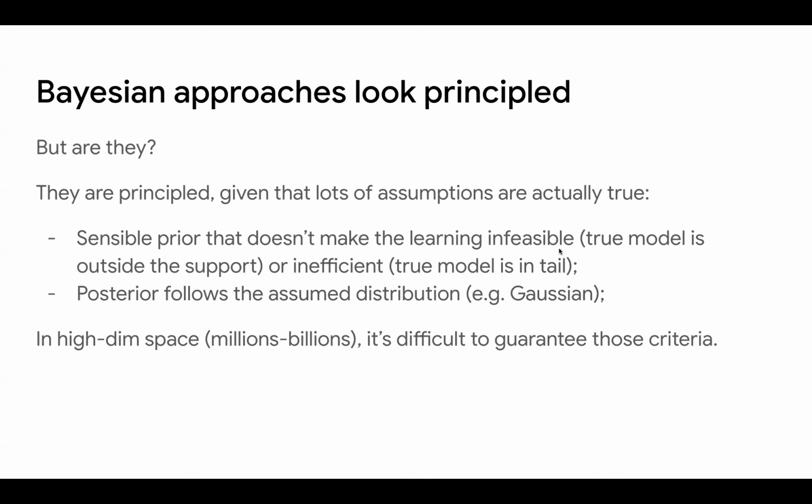The learning could be infeasible if the true model is not supported by your prior, or if your model is only supported by a very thin tail, then your model learning will be inefficient to find the true posterior. And also our assumptions over the actual family of posterior distribution should be correct ideally, but it's not going to be Gaussian, right? And also we are working with high dimensional spaces, like millions or billions of parameters.